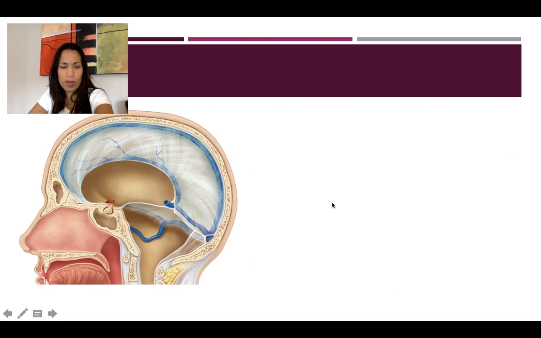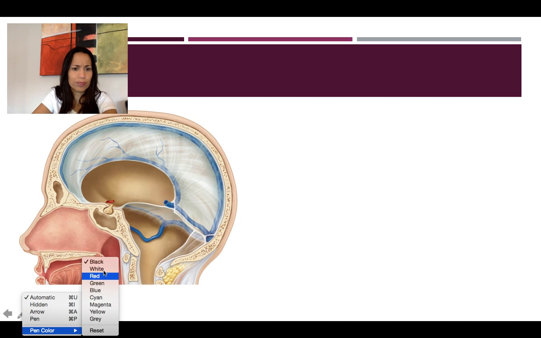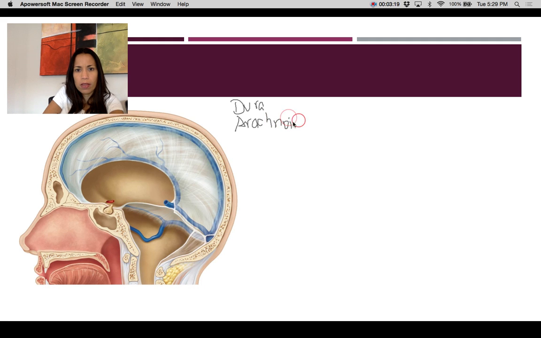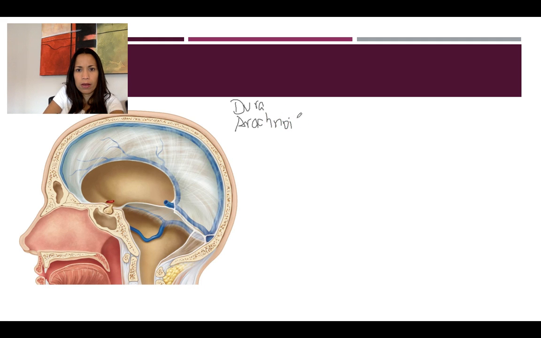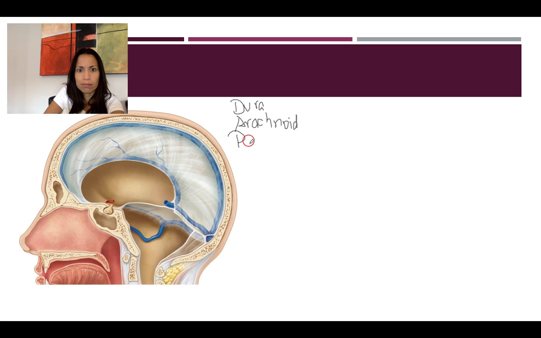Let's describe those membranes. We have 3 membranes: dura mater, arachnoid mater, and pia mater.